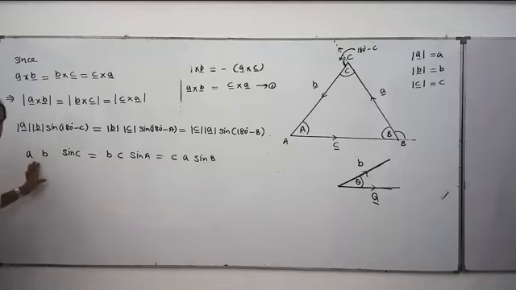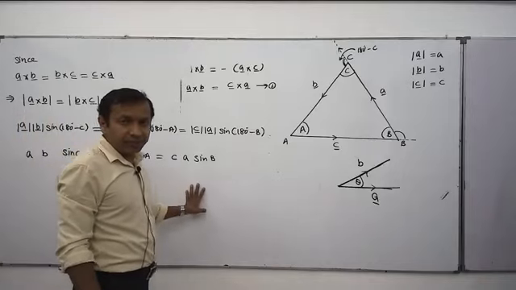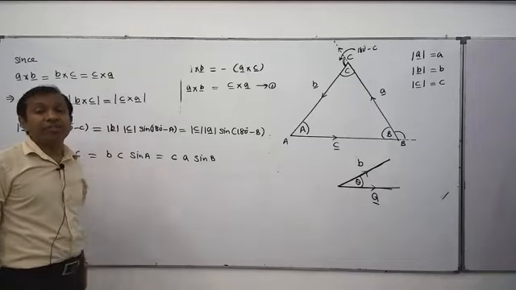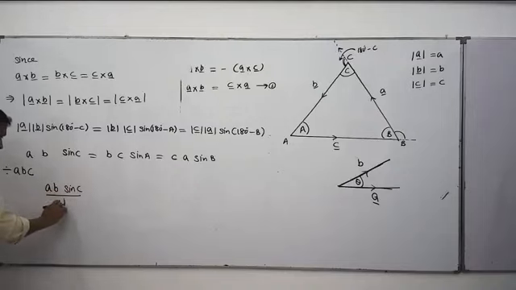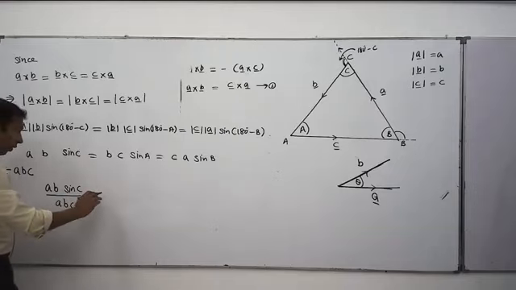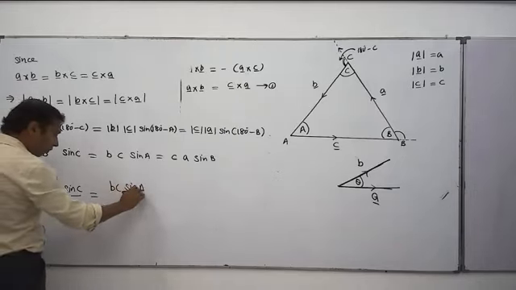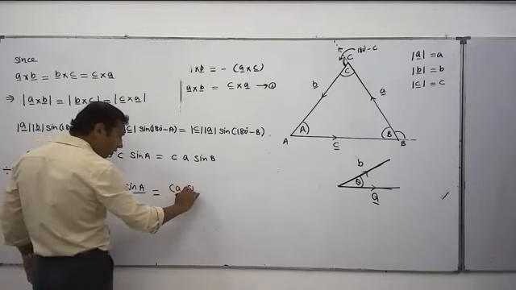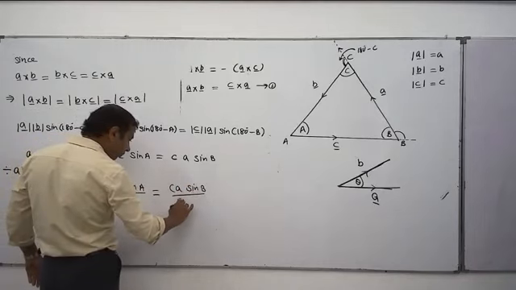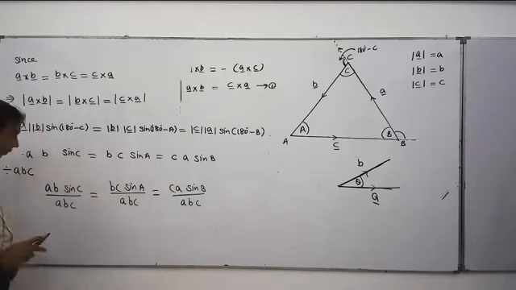People, now these three equalities, that means three equal figures, we divide by the ABC product. Then when we divide this AB sine C by ABC product, this also by ABC product, this also by ABC product, you can see this AB and this you can cancel down.